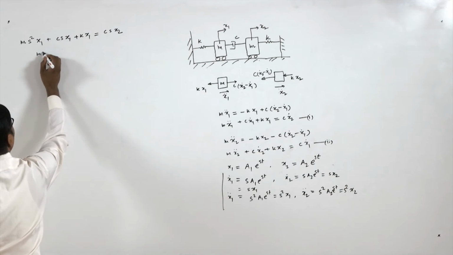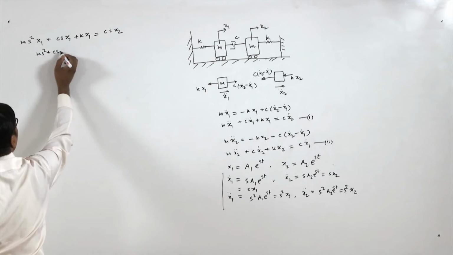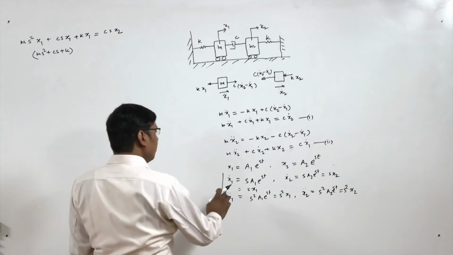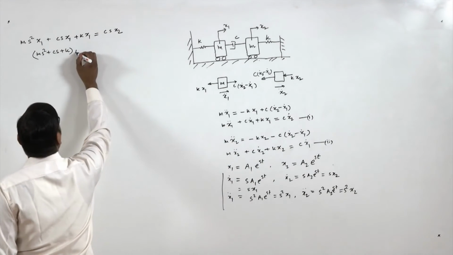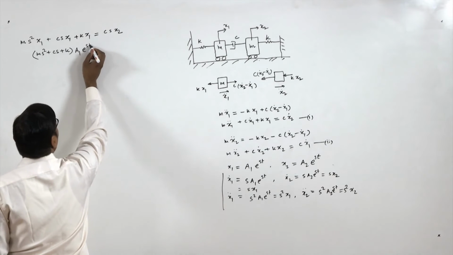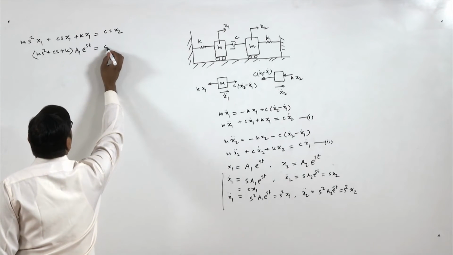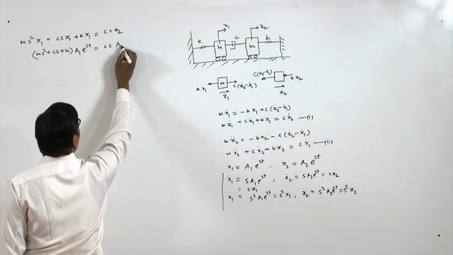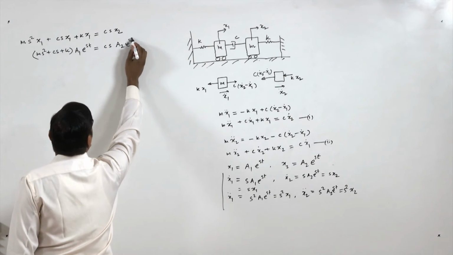Now, (m s square plus c s plus k) x1, and x1 is a1 e power st, equals c s, and x2 is a2 e power st.